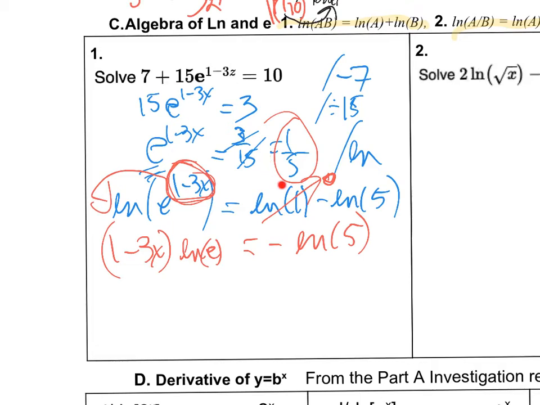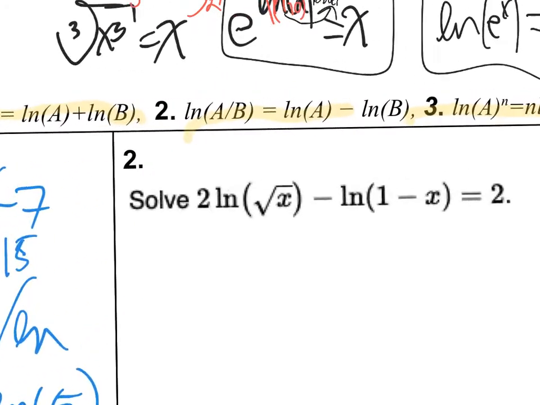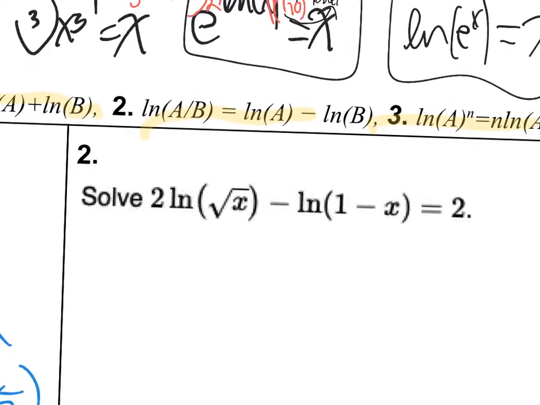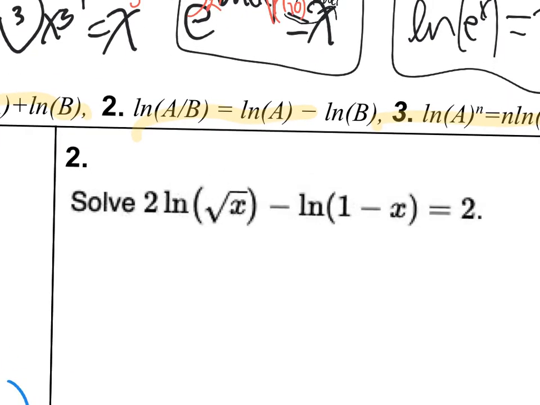Over here, again, we use the quotient rule of logs, which is this one here, right? So we know that ln of a over b equals ln a minus ln b.